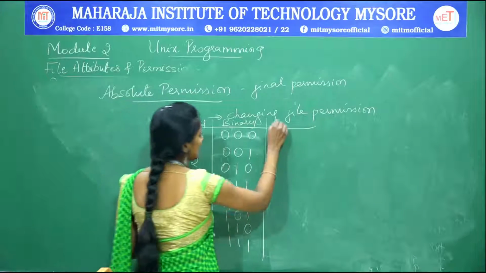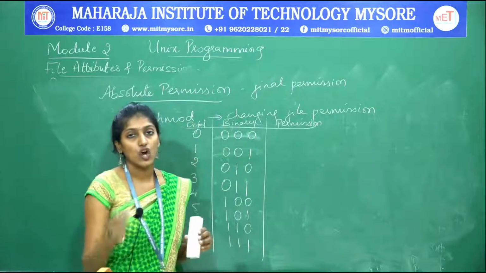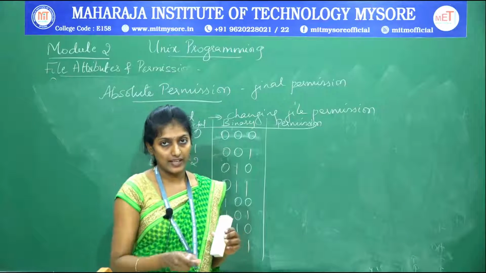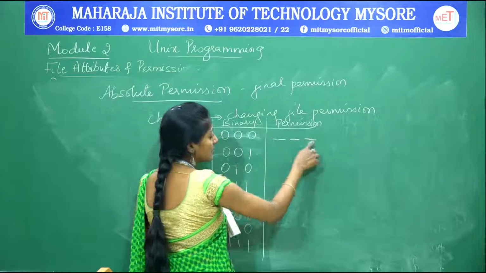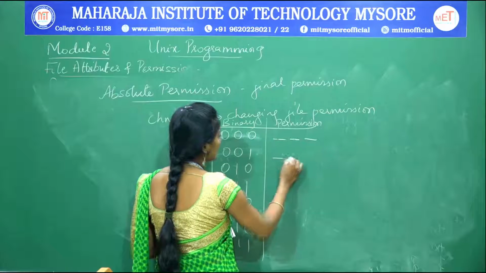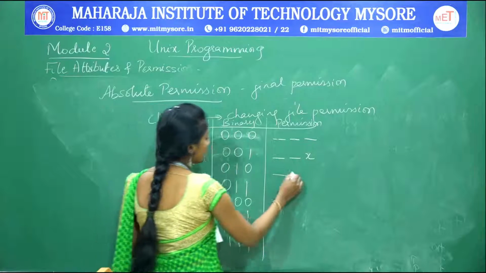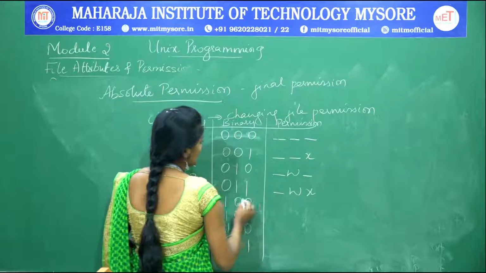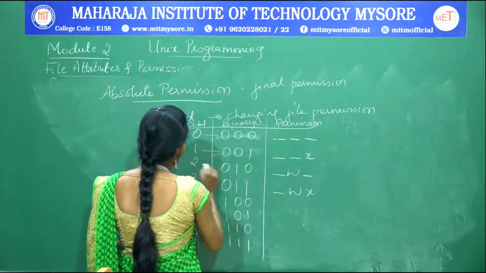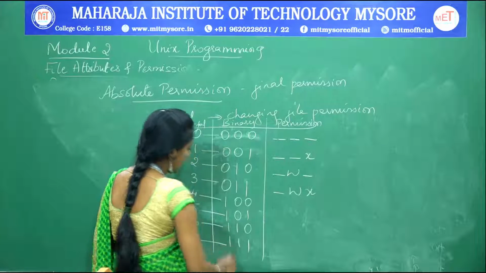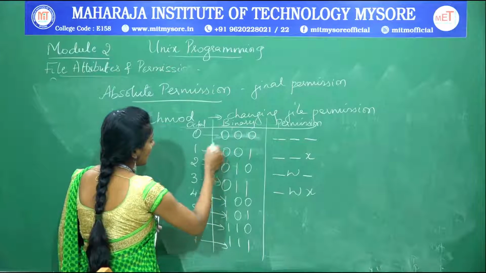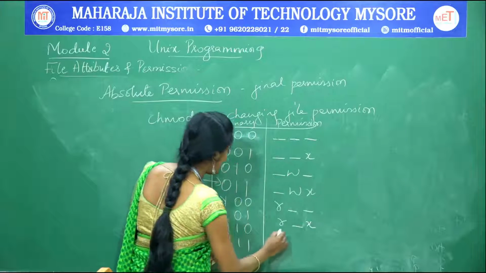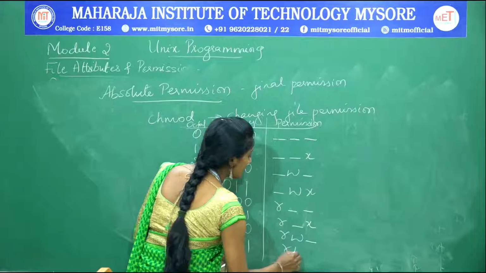Since the permission for all 3 categories of user, group and others is represented in bits, that is read, write and execute: 0 means read, write and execute are all disabled; for 1, only execute is enabled; for 2, only write is enabled; for 3, write and execute are enabled; for 4, only read is enabled; for 5, read and execute; for 6, read and write; and for 7, all 3 are enabled.